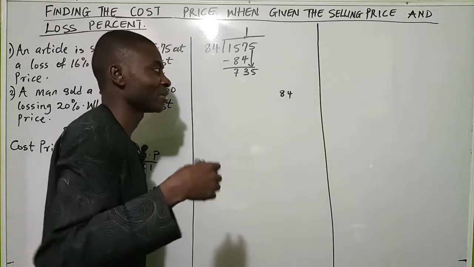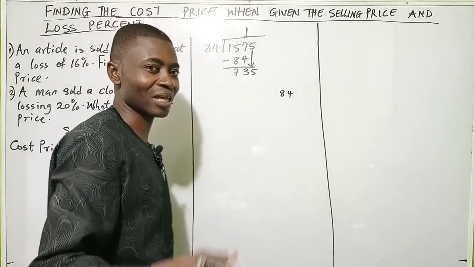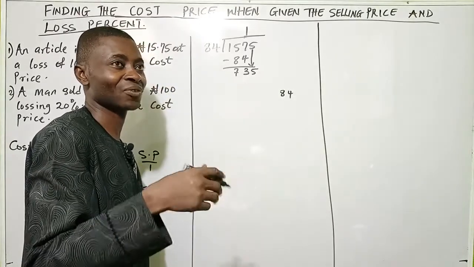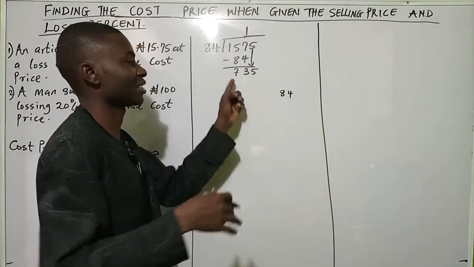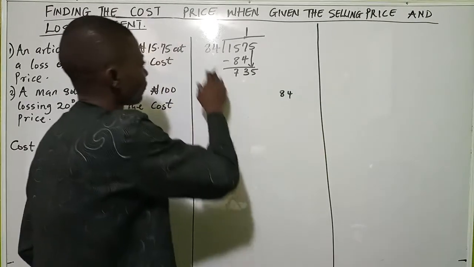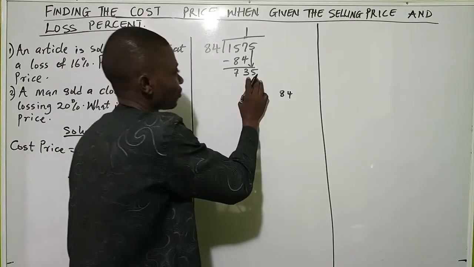Maybe you can start from 84 times 6, 84 times 7, 84 times 8, 84 times 9. You can check some of our previous videos that we uploaded, where we explain how you can get this. It's actually very simple. But for this, how many 84 do we have in 735?